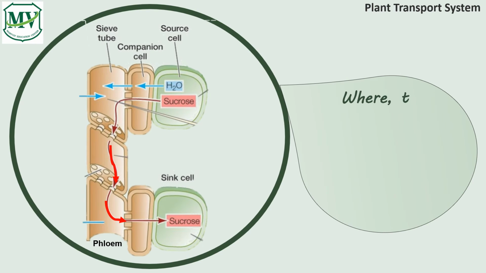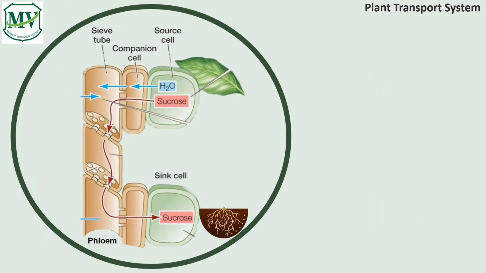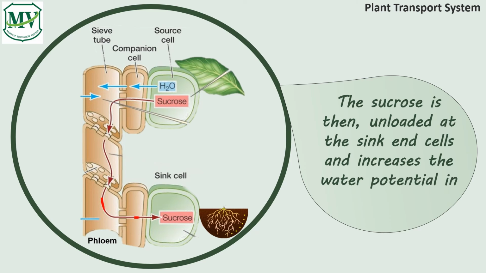These internal pressure differences drive the phloem sap along the sieve tube to the sink cells. The sucrose is then unloaded at the sink end cells, which increases the water potential in the sieve tube.